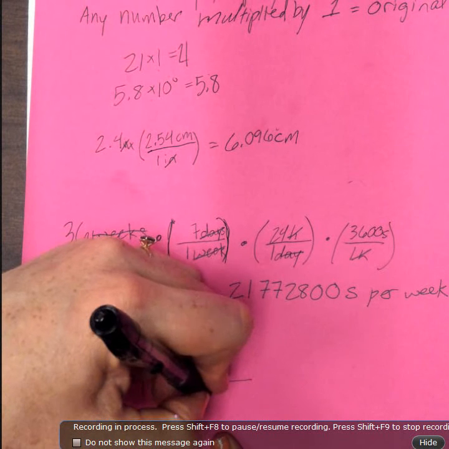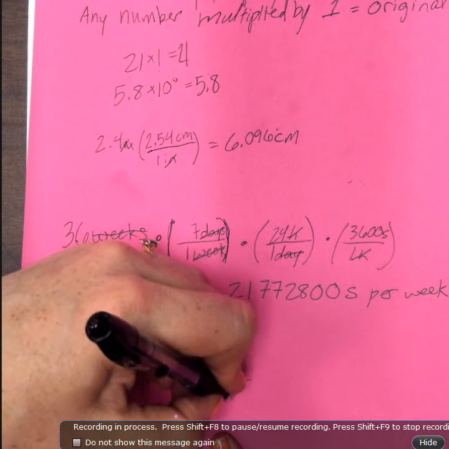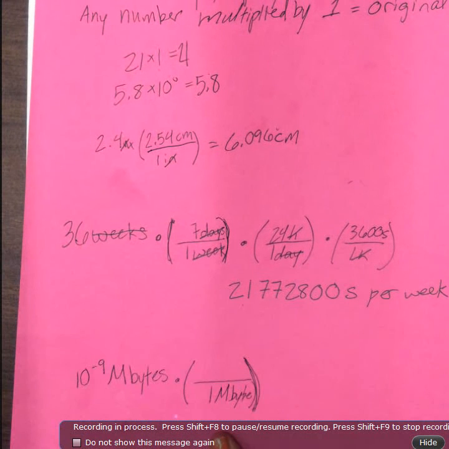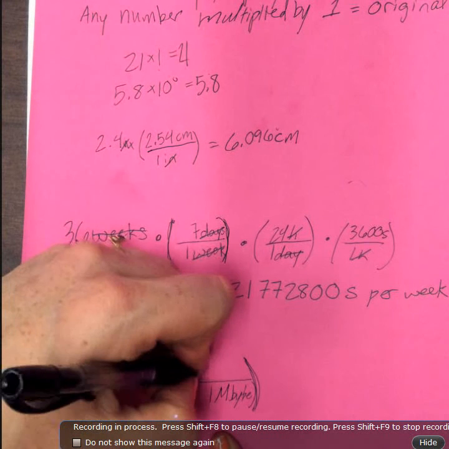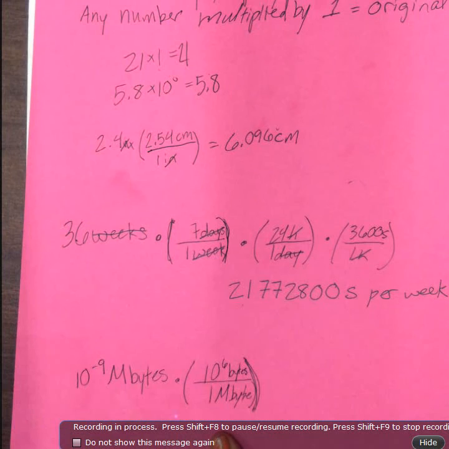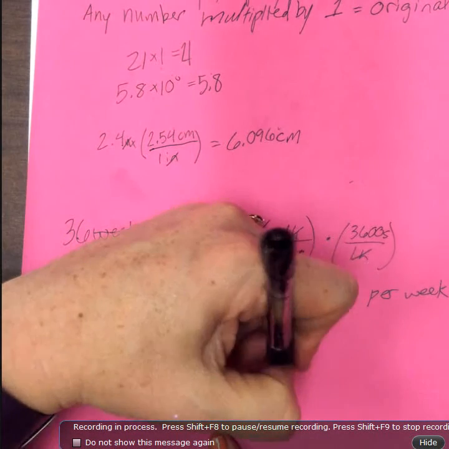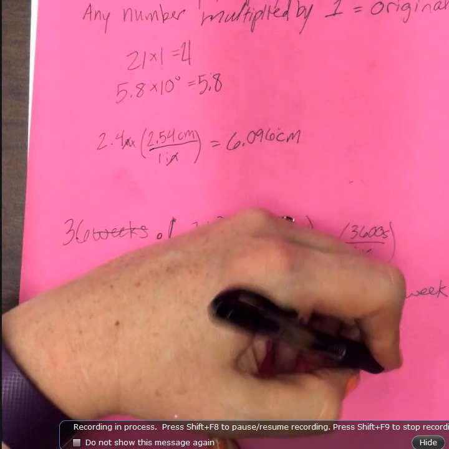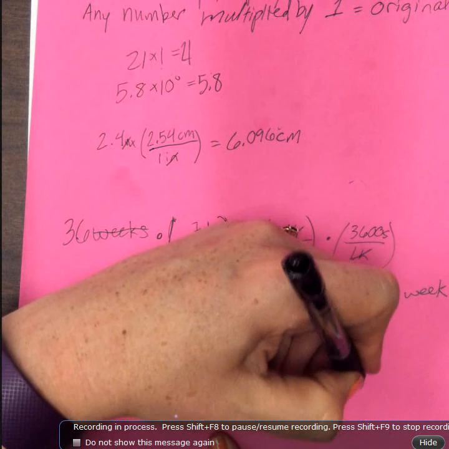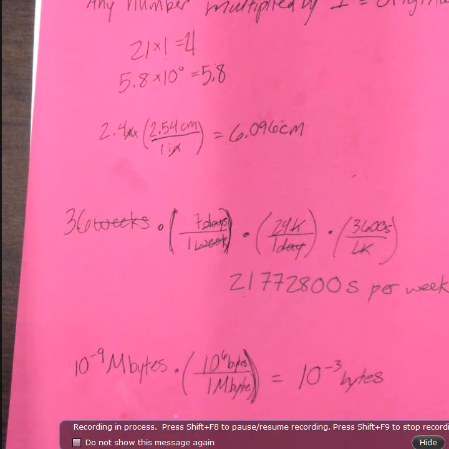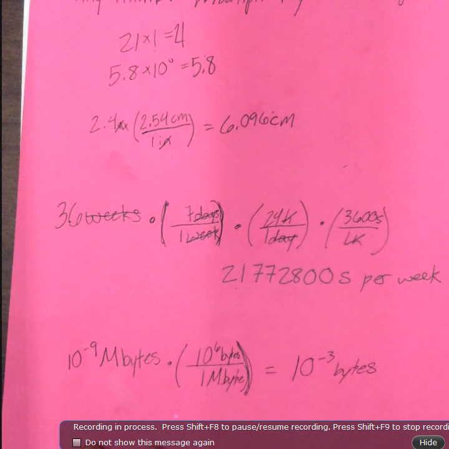In 1 megabyte, we refer back to table 1.4, and a mega is 10 to the 6th, so that means that there are 10 to the 6th bytes in 1 megabyte. So that means that in the end, 10 to the negative 9th megabytes is actually just 10 to the negative 3rd bytes. So that's using dimensional analysis, the identity property, to do a unit conversion.